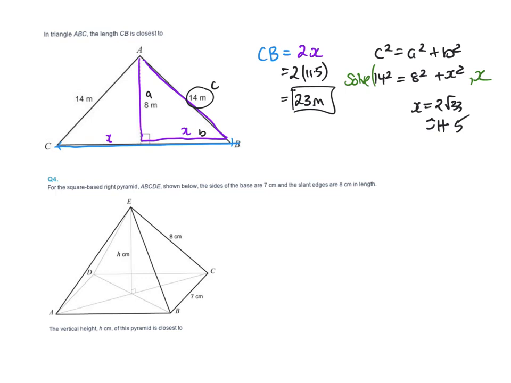Here's another 3D one. So with the square base pyramid, you need to find the height. So often I would say you try to get the flat diagram of what you want. So here I'm going to have to use that triangle that I've just drawn out there.